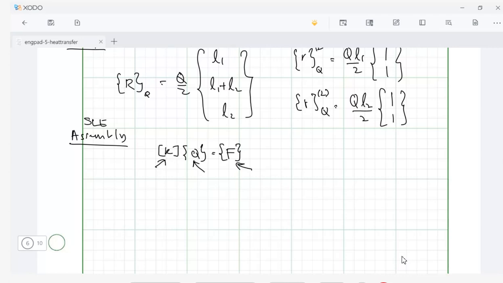So for heat transfer, what are the unknowns? The unknown for heat transfer is our temperature, T. And we know that this is our R, our heat rate vector.